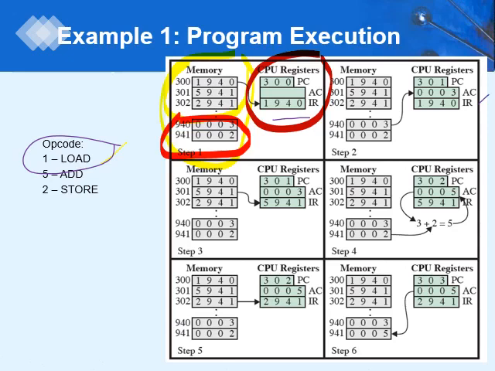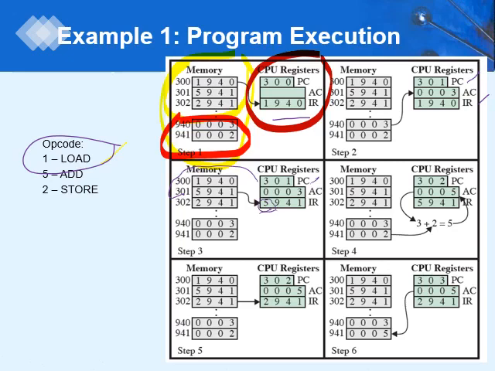At the same time, remember, we need to increase PC from 300 plus 1, now it becomes 301. So from 301, we go and find 301 is 5941, and we put it inside our instruction register, and we decode the instruction.